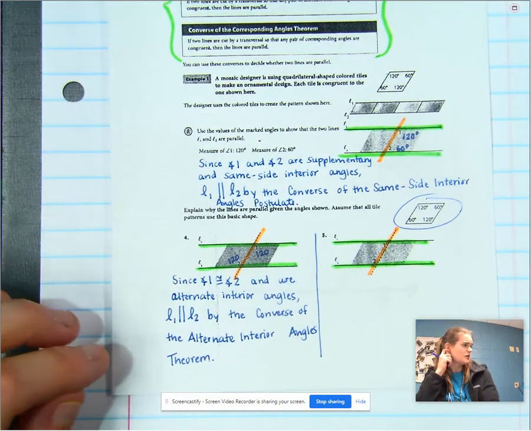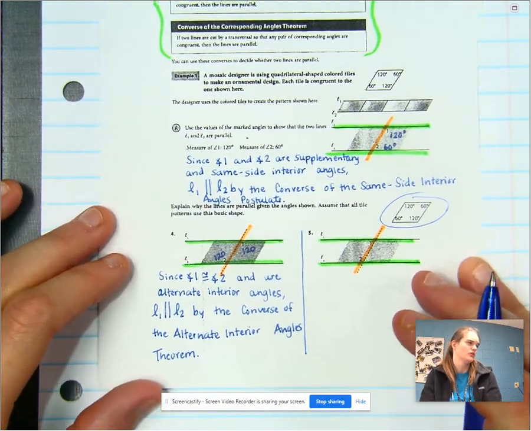You have to say converse of because you're proving they're parallel, not that the angles are congruent or whatever.